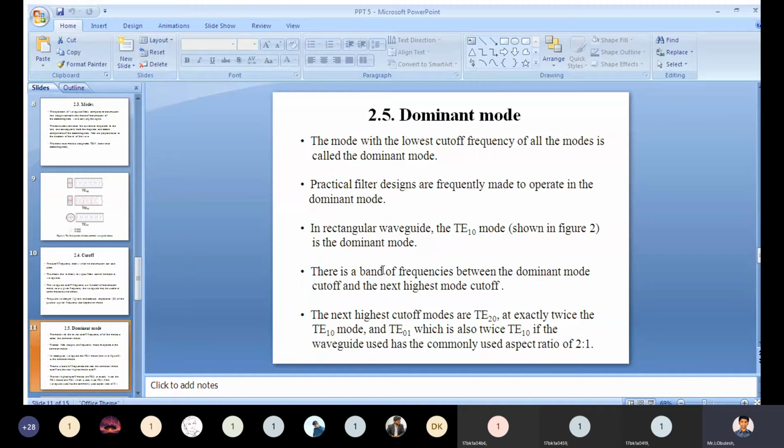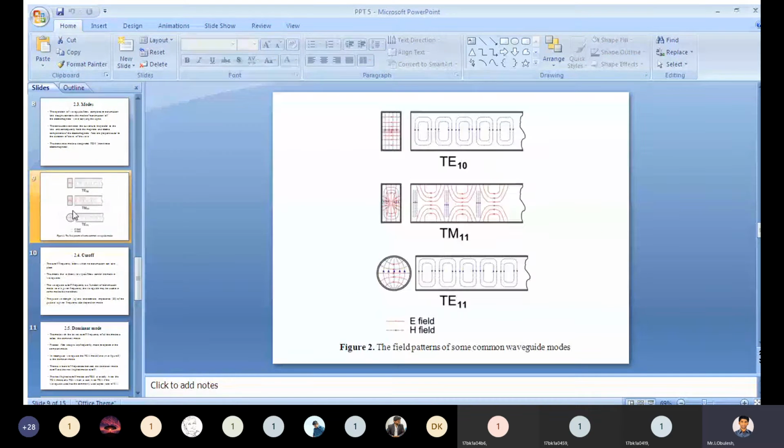In the rectangular waveguide, from figure 2, you need to remember the TE10 mode is the dominant mode.